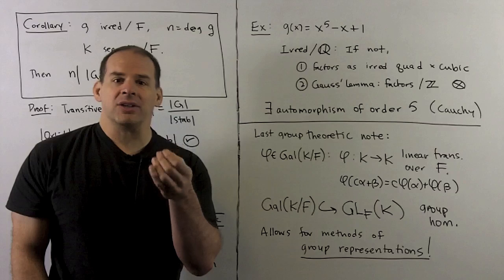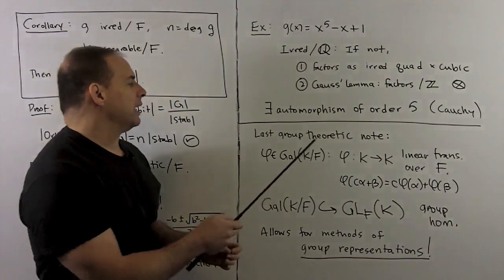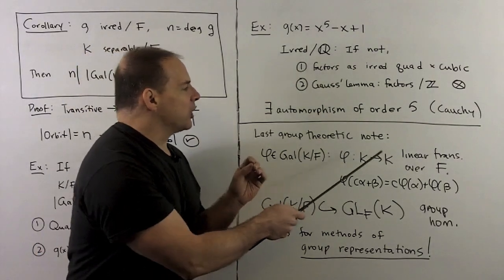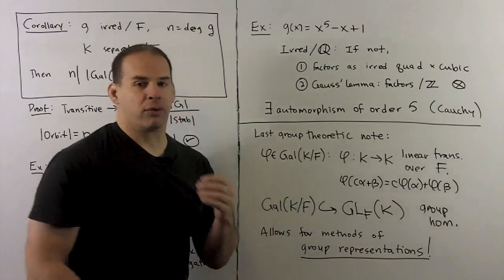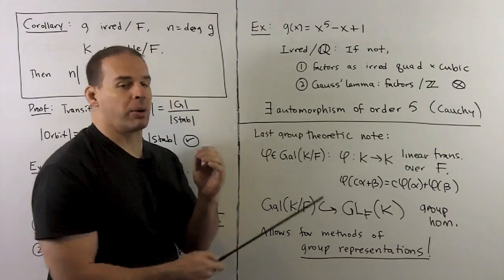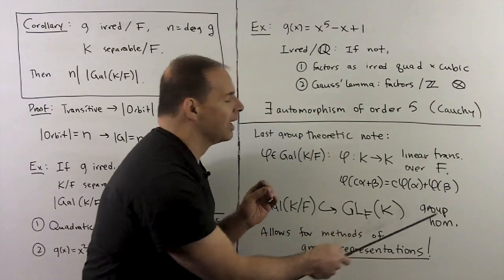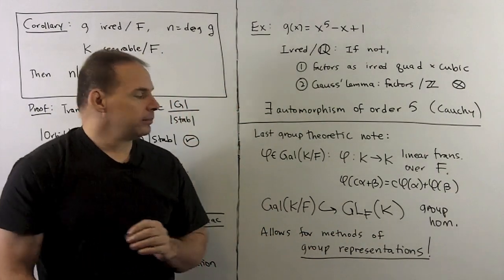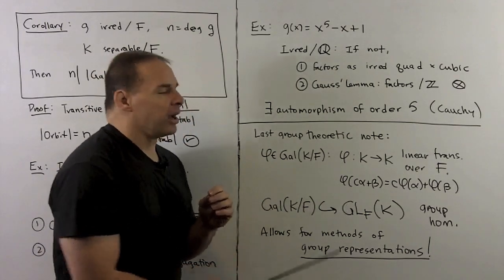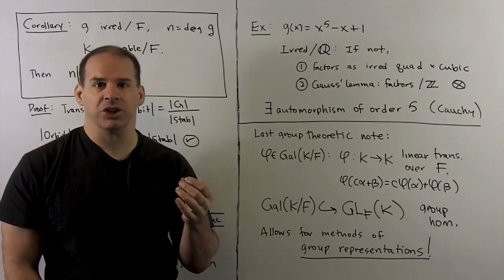Now, one last group theoretic note. We're not going to come back to this, but definitely worth noting. If I have an element of the Galois group, say phi, then this is going to be a linear transformation from K to itself over F, because these automorphisms fix F. The automorphism property translates into this condition here, and that just says linear over F. The way I can think of that, we have a one-to-one homomorphism from the Galois group into the group of invertible linear transformations of K over F. This is what we call a group representation.